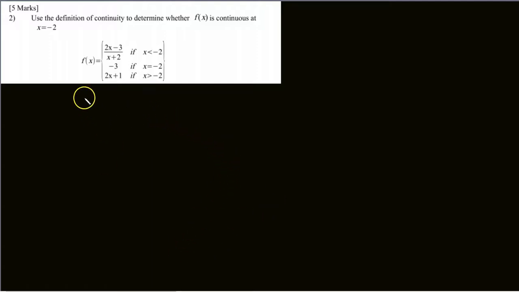So question 2 is: use the definition of continuity to determine whether f of x is continuous at x equals -2. In a nutshell, they're asking, we've got a graph here. We don't have the graph for this problem, but it's easy to understand if I point it out.